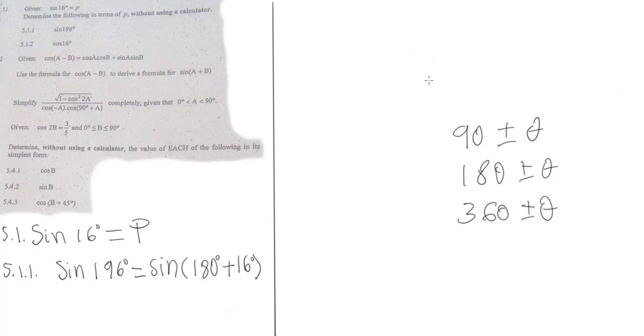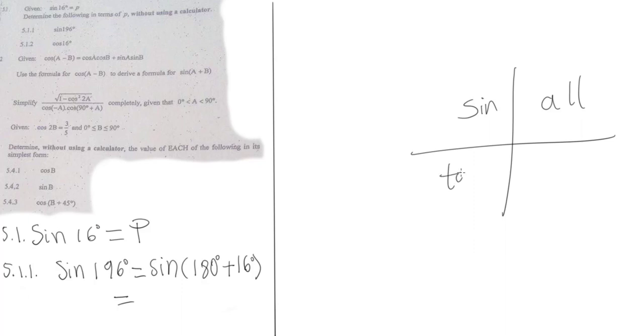So this is what I did here. As I have 196, I change it to 180 plus 16. So now we know that this is the third quadrant, because we have this, okay? In the first quadrant, all of them will be positive. The second quadrant, sine will be positive. And here, tangent will be positive. And here, cos.